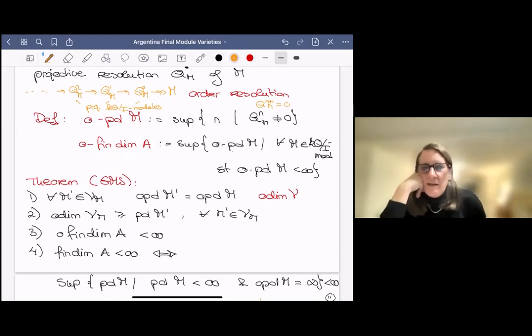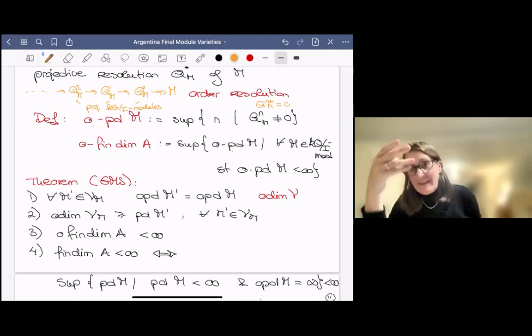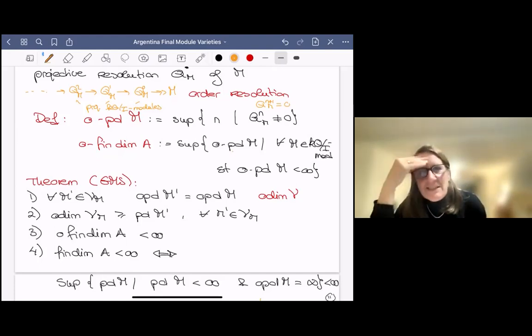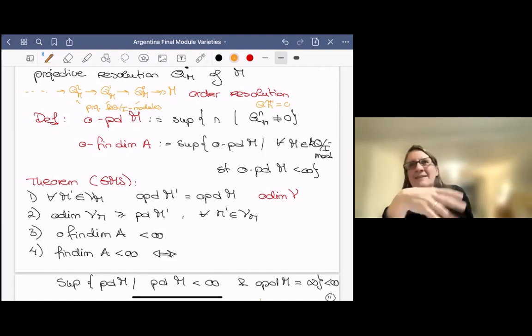As I said, this is work in progress, and me talking about it is also an invitation for people to look at it, because I think there are more questions than answers at the moment. But what makes it interesting for me is that it is a sub-variety of this non-commutative Hilbert scheme.